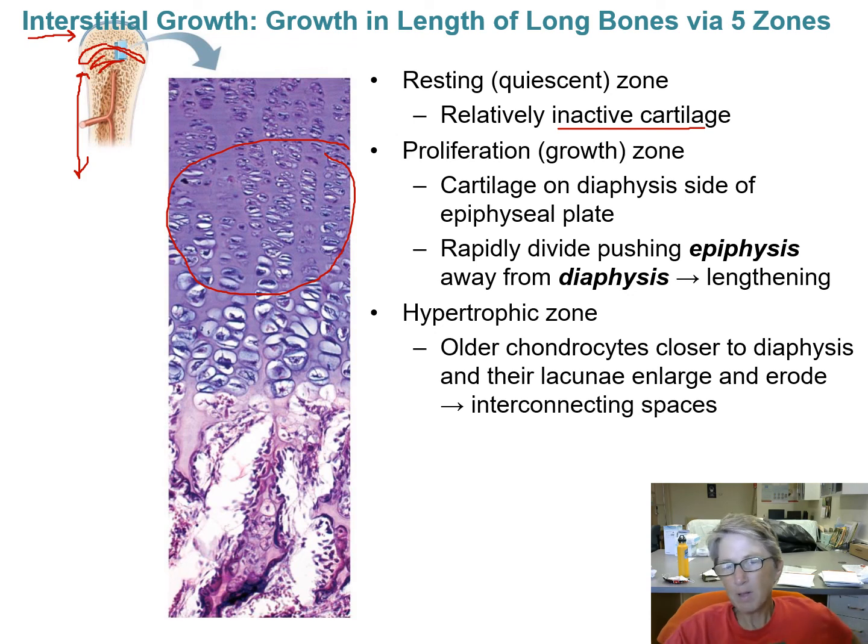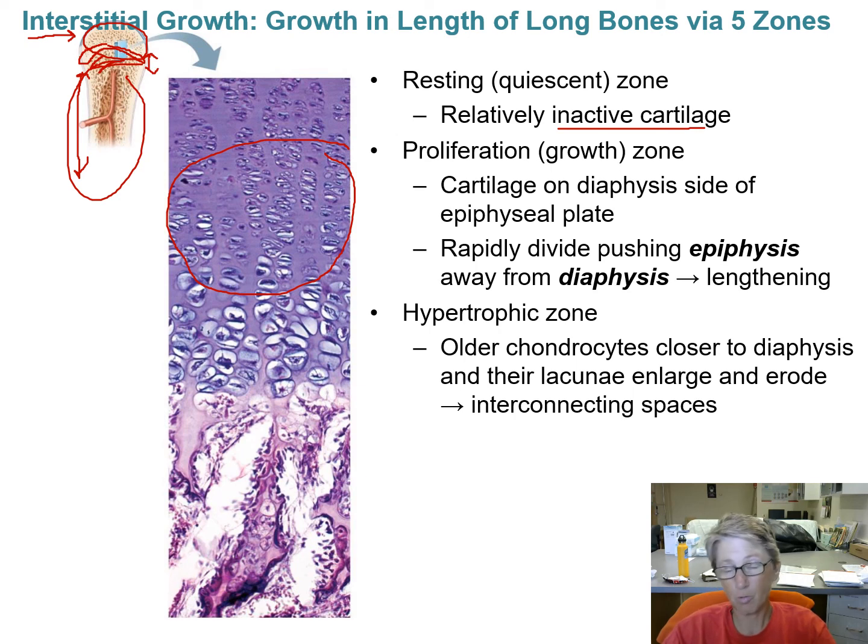And it says the rapidly dividing cartilage cells allow for this pushing of the epiphysis away from the diaphysis. So this is the epiphysis, here's the diaphysis, and you're pushing those two areas away from each other.